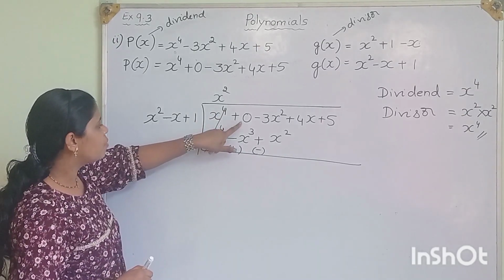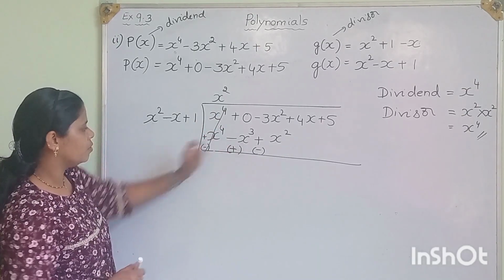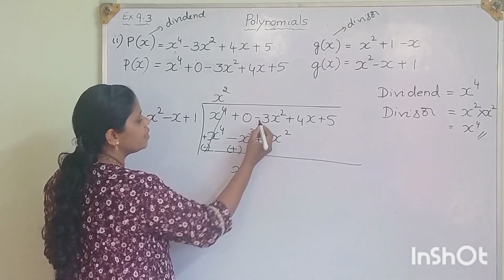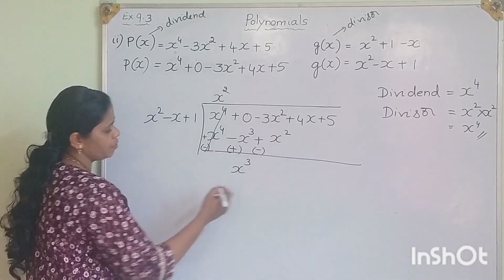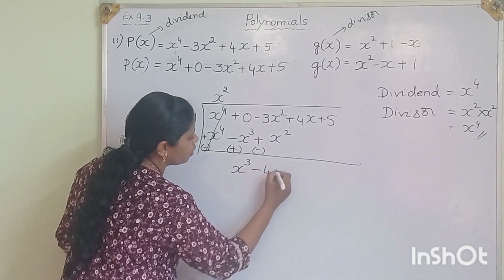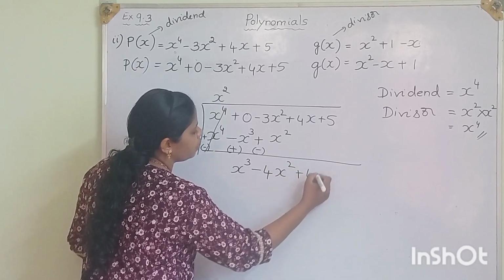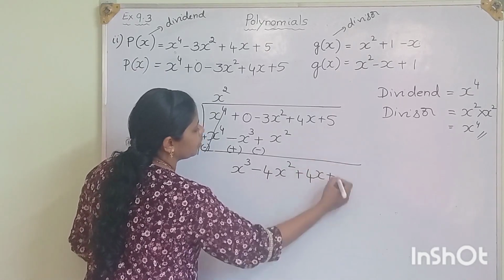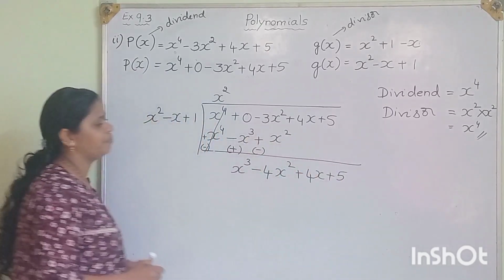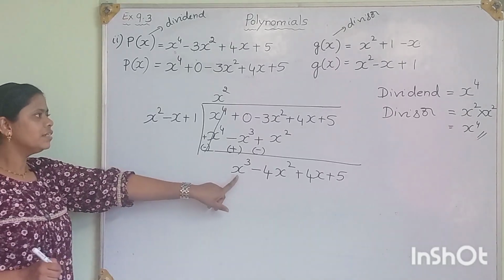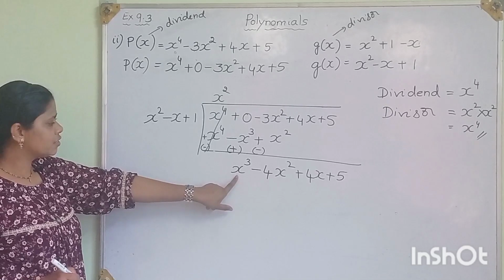Now look at this. Plus 0 plus x cube is what? Plus x cube. Minus 3x square minus x square is what? Minus 4x square. Plus 4x plus 5. Let us bring this down. Okay. Now, which is the first term of the dividend? That is x cube.